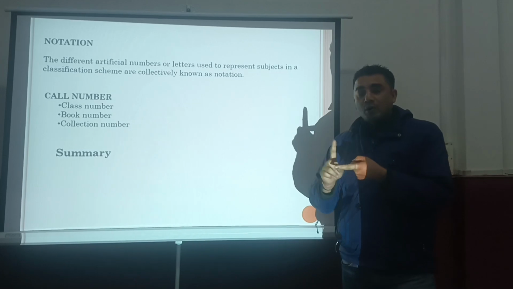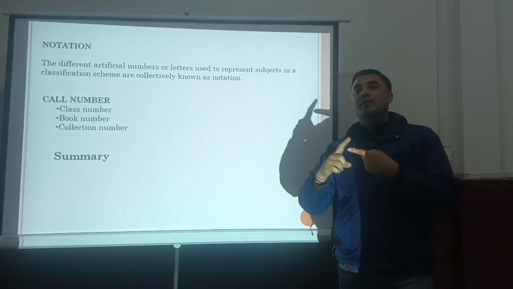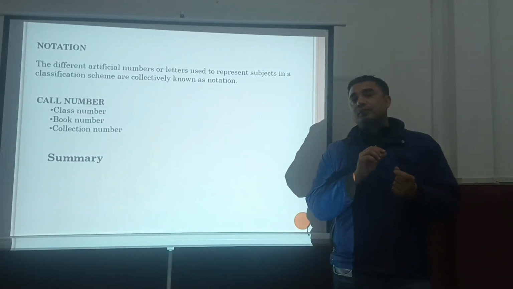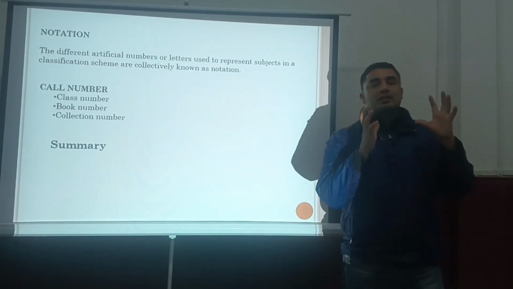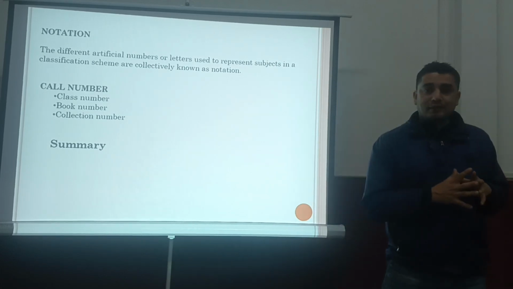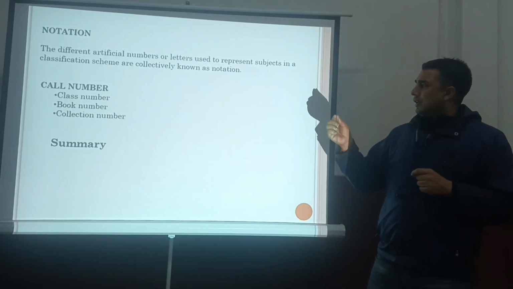Book number has many methods, maybe Ranganathan's or other methods; sometimes we take the title or author initials. Like collection number, if it is a book of the reading room, the reference room, or maybe the archive, we have to assign a certain number, like notation is also a number.